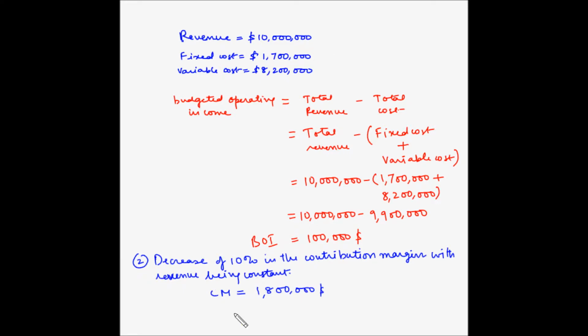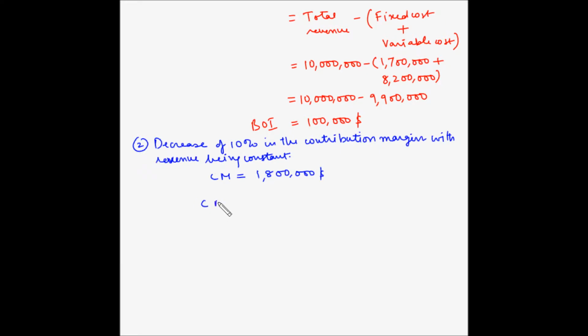So now we know that contribution margin is equal to revenue minus the variable cost. Here we'll say variable cost 2, VC2. Now contribution margin is decreasing by 10%, so 0.9 multiplied by the contribution margin is equal to the revenue, which is 10 million, minus VC2, because we have to find the revised variable cost.